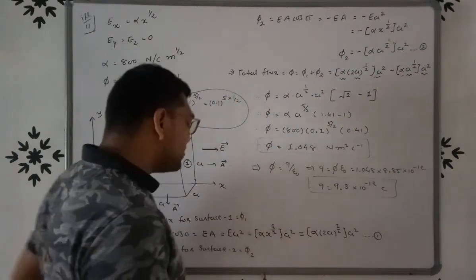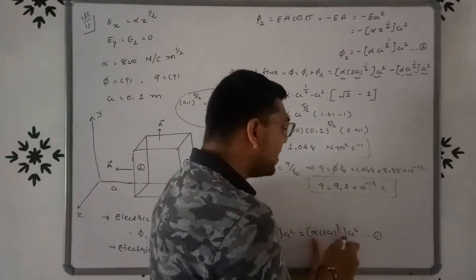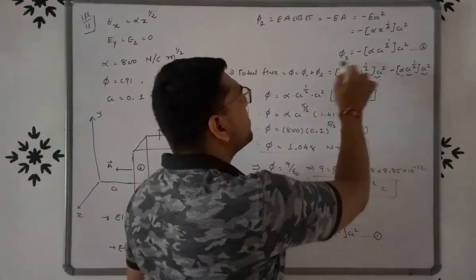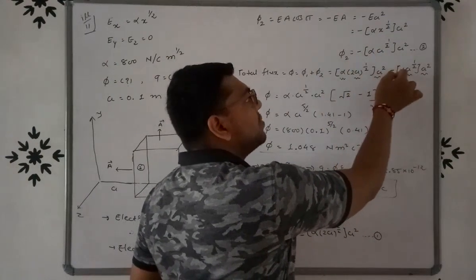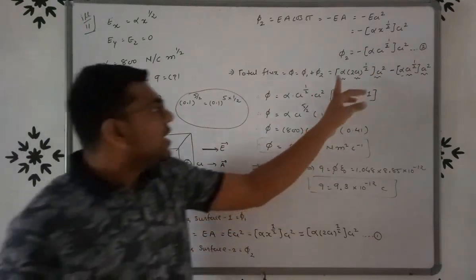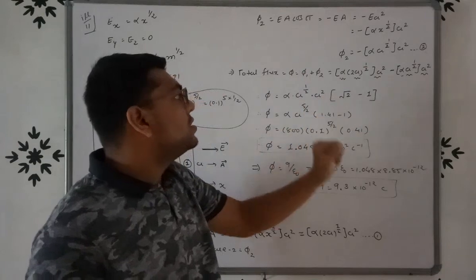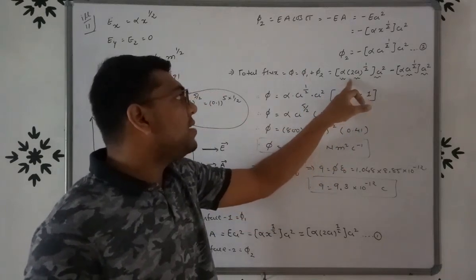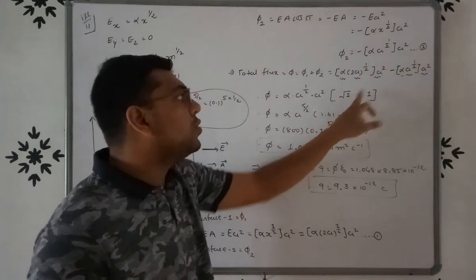So total flux is phi 1 plus phi 2. Phi 1 is alpha (2A) raised to 1 by 2 into A square, plus, but flux for surface 2 is negative, so minus alpha A raised to 1 by 2 into A square. Here alpha A raised to 1 by 2 into A square is common, so the remaining part is root 2 minus 1, because 2 raised to 1 by 2 is root 2.